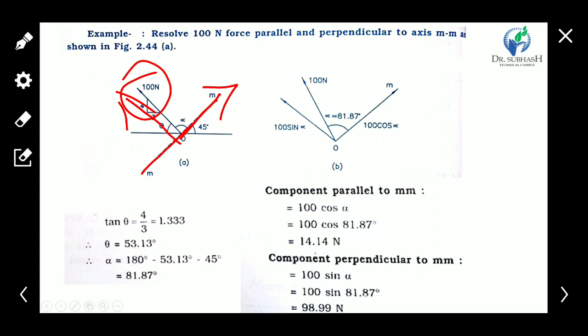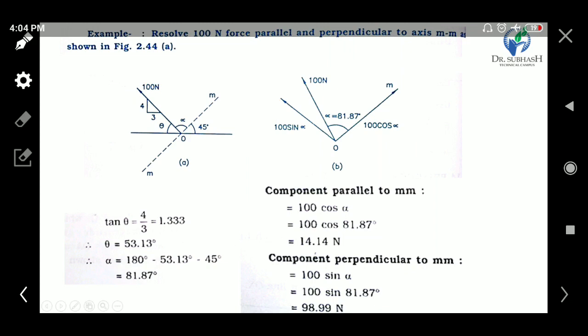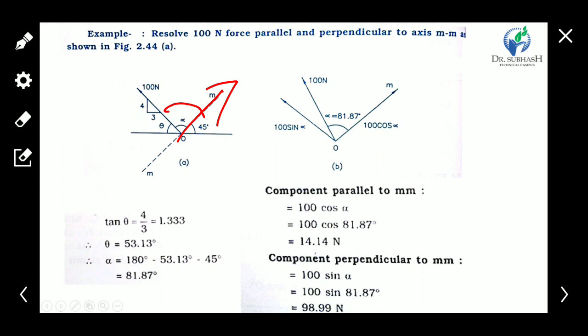So we have two components of the 100 Newton force. What is the value of these components, cos or sin? Here the force makes an angle alpha with the horizontal component, so this is the cos.